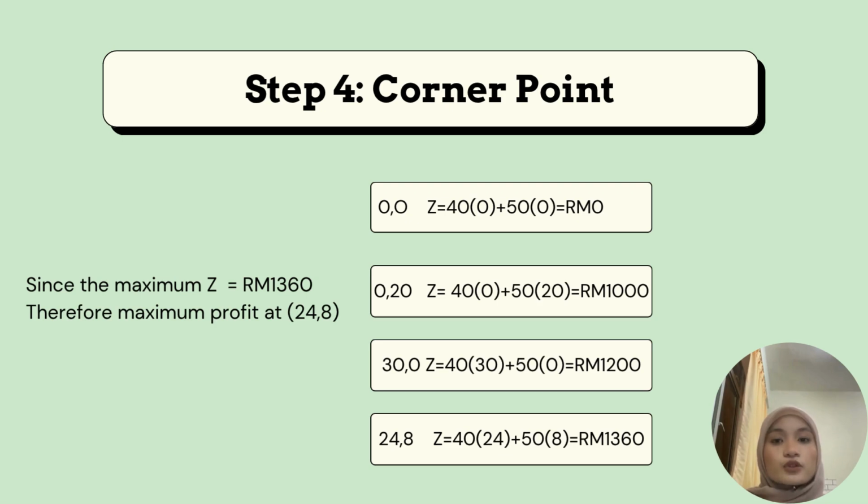Z equal to 40 multiplied by 24 plus 50 multiplied by 8, then we get RM 1360. Since the maximum Z equal to RM 1360, therefore maximum profit at point B, which is 24, 8.